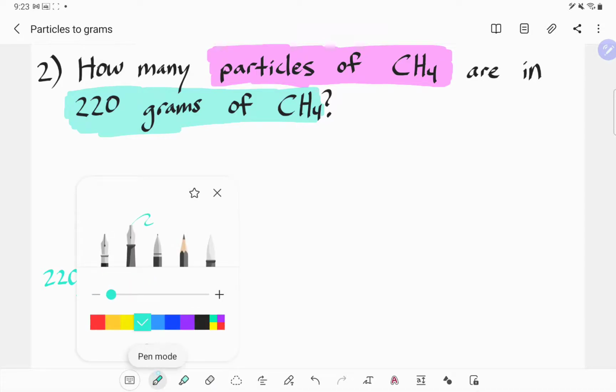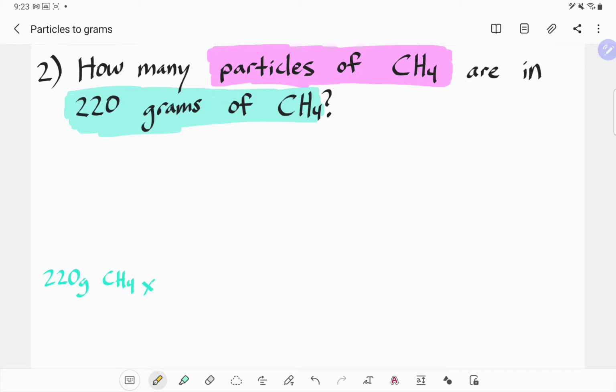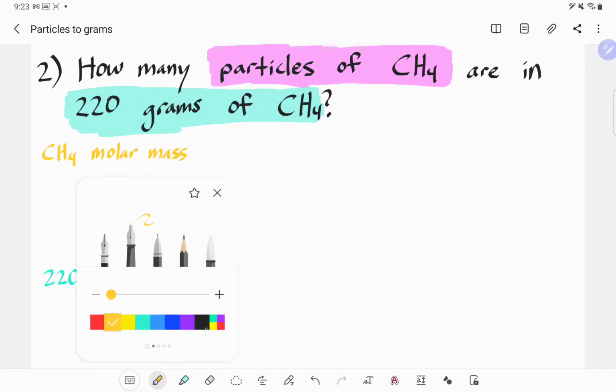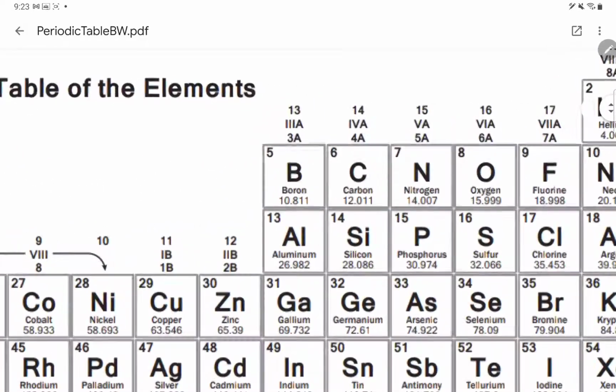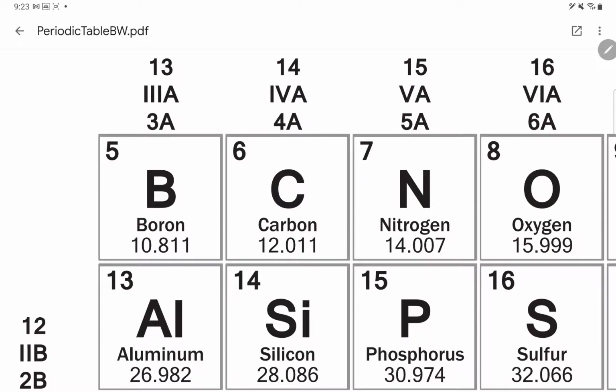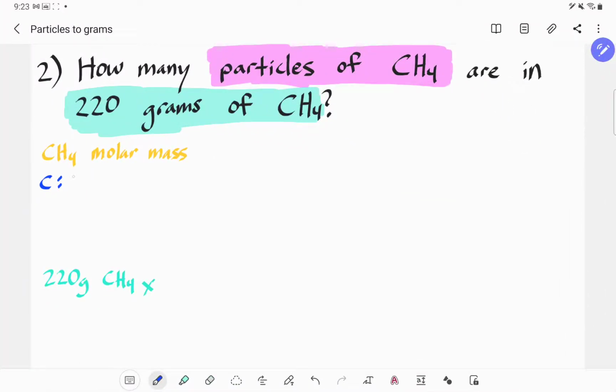So let's look up the molar mass values of C and H, and find the molar mass of CH4. First, let's do C. Carbon's molar mass, which we look up on the periodic table, is 12.011 grams per mole.